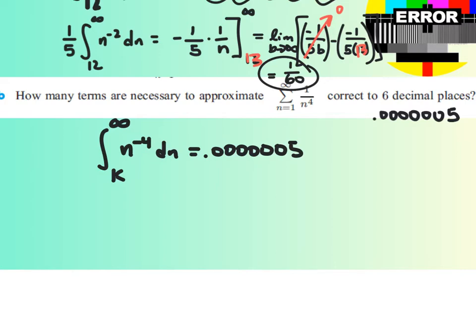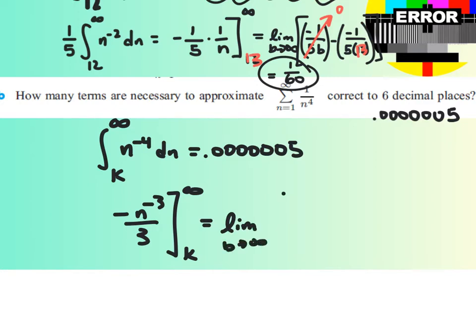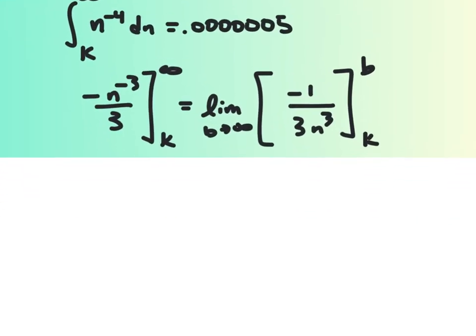Well, if I integrate that, I'm going to get negative n to the negative 3rd over 3 from k to infinity, which would be the limit as b goes to infinity of negative 1 over 3n cubed from k to b. Keep evaluating from here.